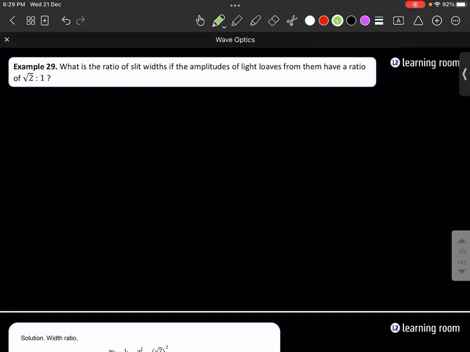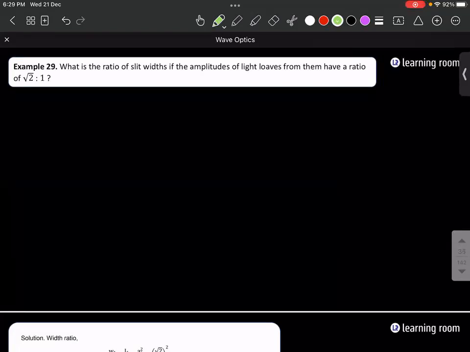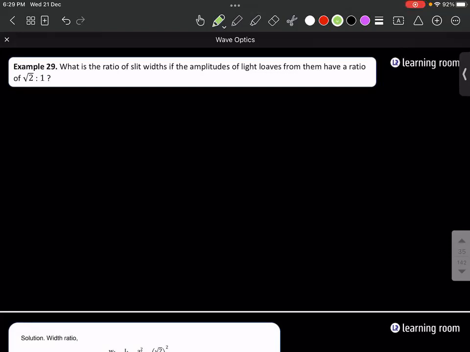What is the ratio of the slit widths with the amplitudes of the light? Amplitude of light leaving from them have a ratio of √2:1.